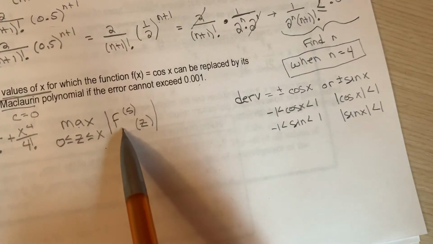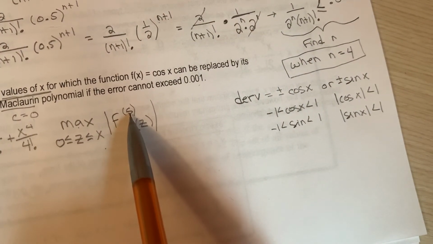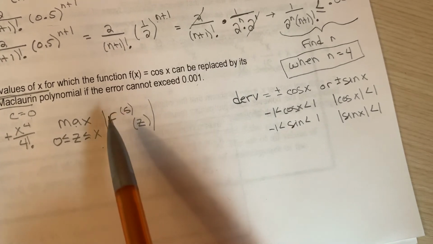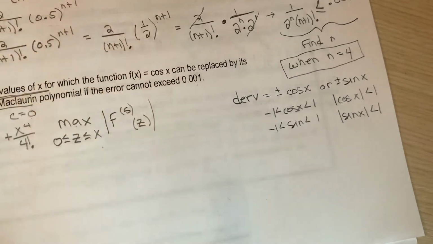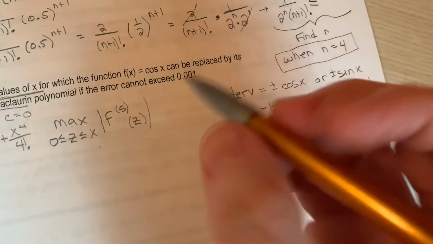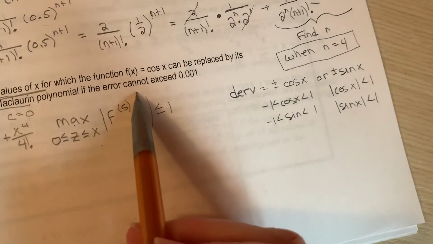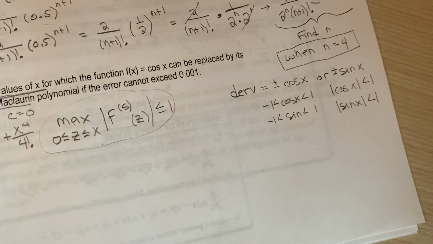So if you come back here, you know this 5th derivative is either going to be plus or minus cosine or plus or minus sine. It's going to be one of those. We actually don't even need to know what it is, because we know the absolute value of either one of those is going to be less than or equal to 1. So here is where I can figure out where that function is bounded.